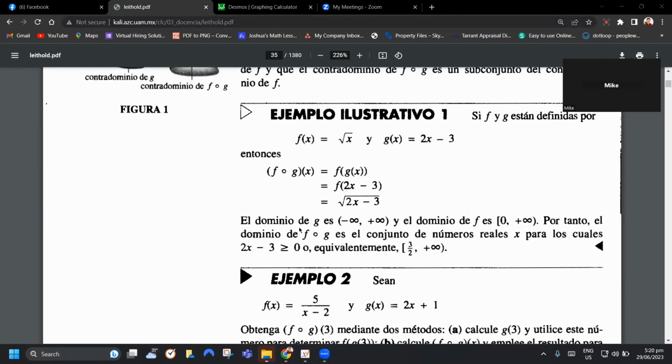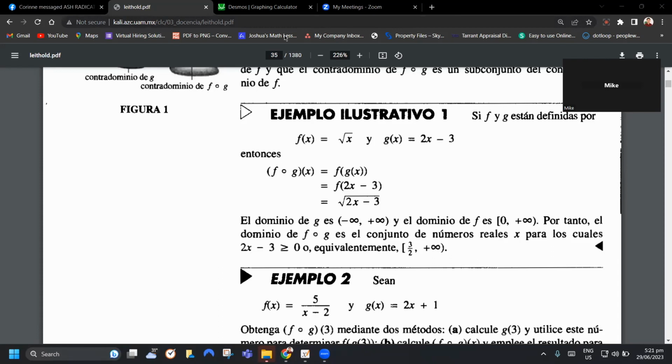So f of g of x is the square root of 2x minus 3. Now what is g circle f? G circle f is g of f. So f circle g is f of g of x, and g circle f is g of f of x.